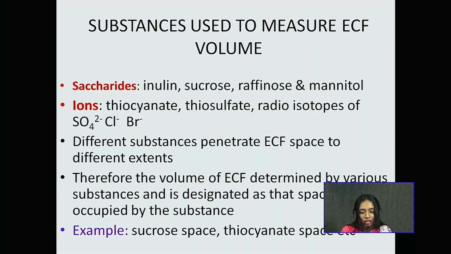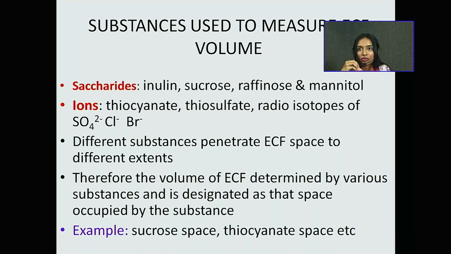Different substances penetrate ECF space to different extents. For example, if inulin is penetrating ECF space to quite a greater extent, it is not necessary that sucrose or raffinose will penetrate the ECF space to that extent. It can penetrate even more than inulin or even less than inulin. So every substance has a different penetration rate as compared to each other.